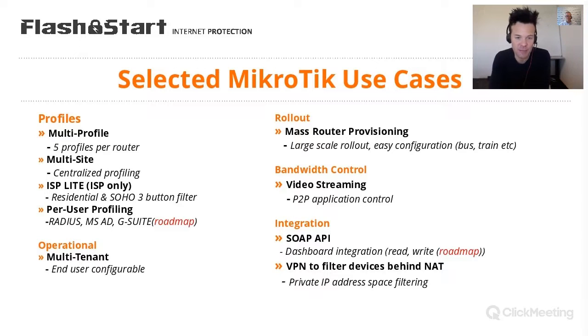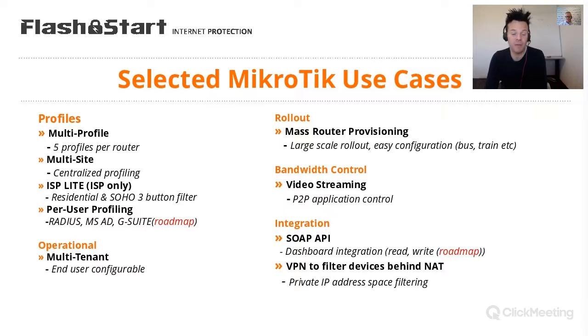just a few words to say about the Mikrotik use cases. We can grant multiple profiles, so we can offer 5 different couples of DNSs in order to attach different profiles. For example, for employees, for students in a school, for headmasters, for top management. So we can split different configurations according to different filtering profiles. It's multi-site.